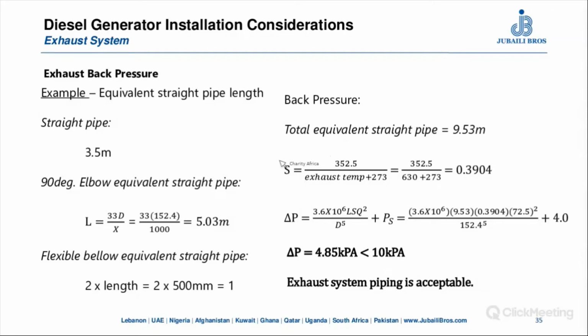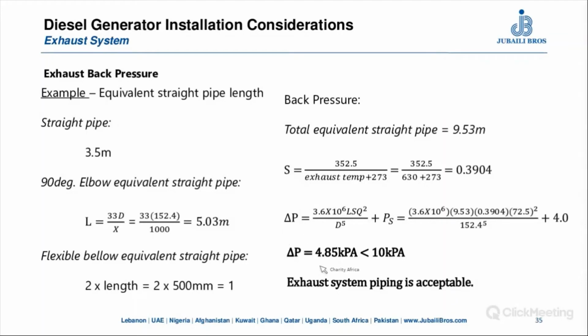that we've taken. Calculating the exhaust back pressure, so plugging those data in, we have 3.6 times 10 raised to the 6th power times the total length times the S, which is calculated using this formula, and then multiplied by the exhaust gas flow from the engine datasheet, all divided by the diameter of the pipe, plus the back pressure of the silencer.